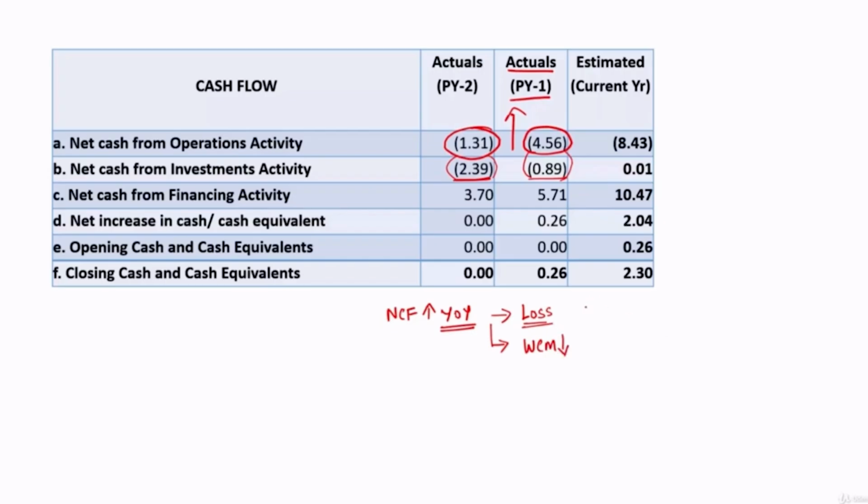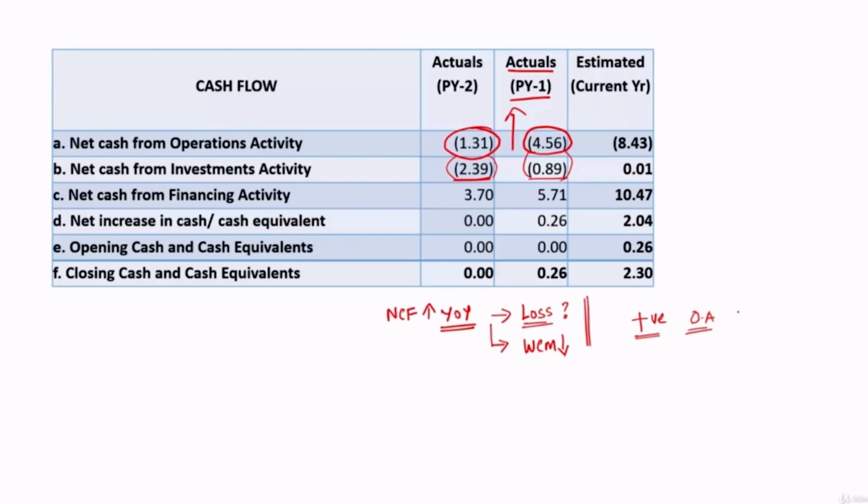So the sanctioning authority will be interested in knowing why there are negative cash flows, and whether it is because substantial money is getting locked in working capital assets, inventories, debtors, and whether steps have been taken. Because ideally, any business should generate positive cash flows from operational activities. Negative cash flow from operational activities is not a good sign.